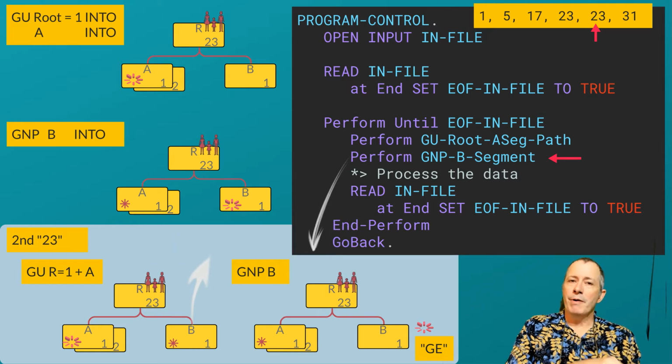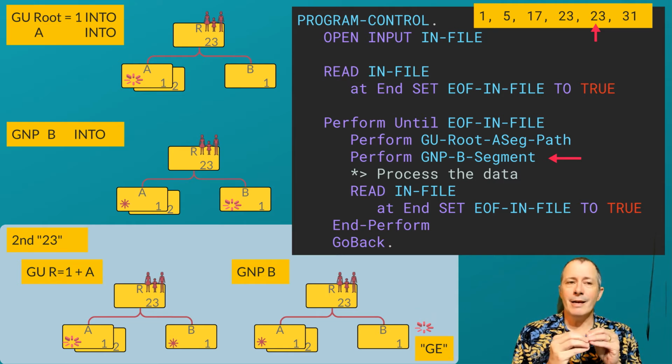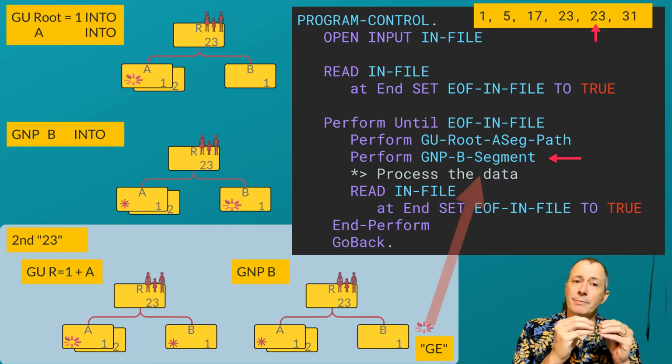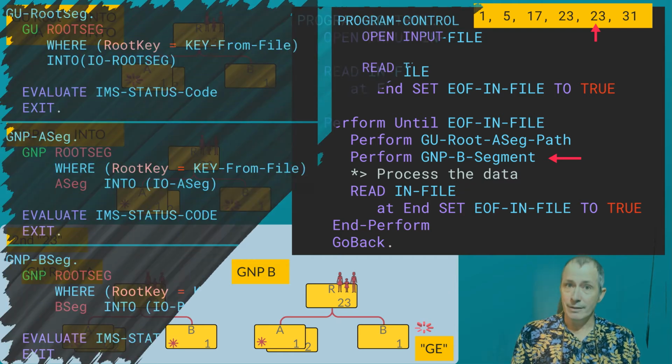The get next within parent for segment B attempts to move to the second occurrence of segment B. There is not another occurrence. IMS returns the status code of GE and no data is returned. The current position is where the second B segment would have been had it existed. At this point, the program is potentially processing the data incorrectly. There is a segment B, but the program did not read it.